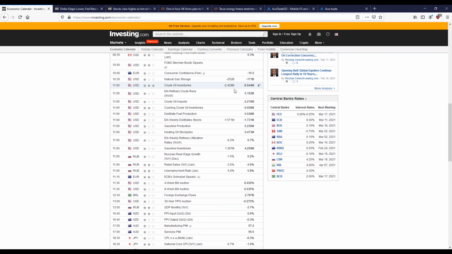And if you look here, the forecast is a decrease in inventories, a decrease by 2.429 million barrels. So it's expected that the supply will have shrunk even more, which makes sense then. Until those numbers come out, the expectation is a decreased supply of oil.